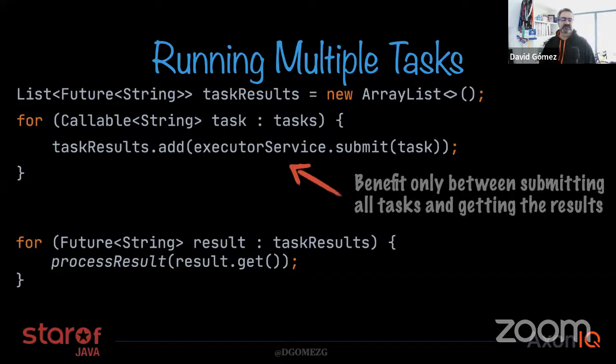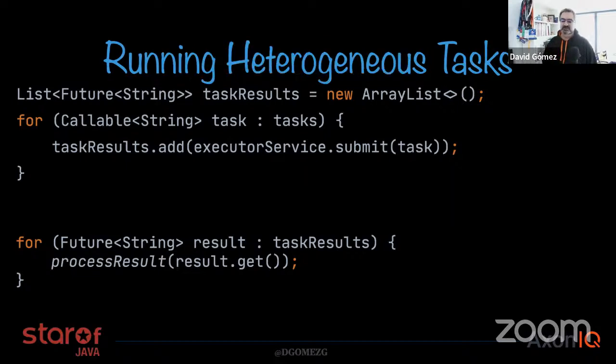In this code sample, we benefit because we are able to submit all the tasks at once, and immediately after submitting each of these tasks, they will be picked up by one of the idle threads in the Executor Service. But once we have submitted our tasks, our client thread will sit and wait until the first task is finished, and we can start getting the results.